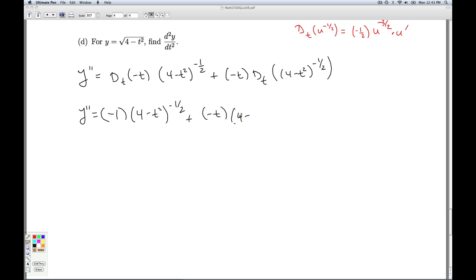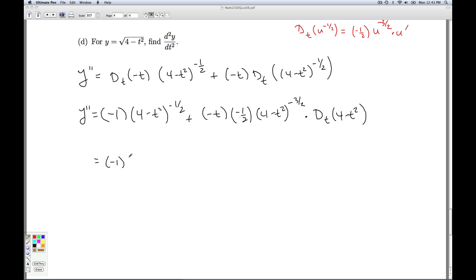So that's going to be negative 1/2 (4 minus t squared) to the negative 3/2 times the derivative of what's inside, 4 minus t squared.